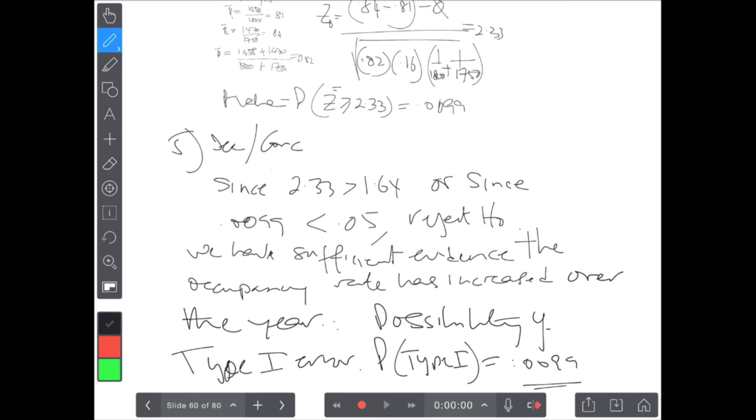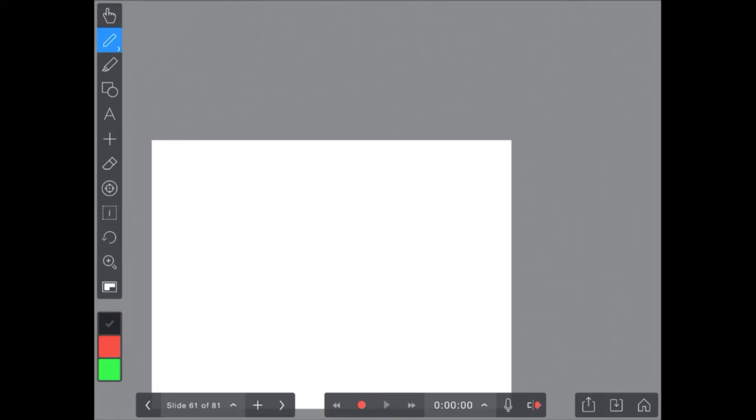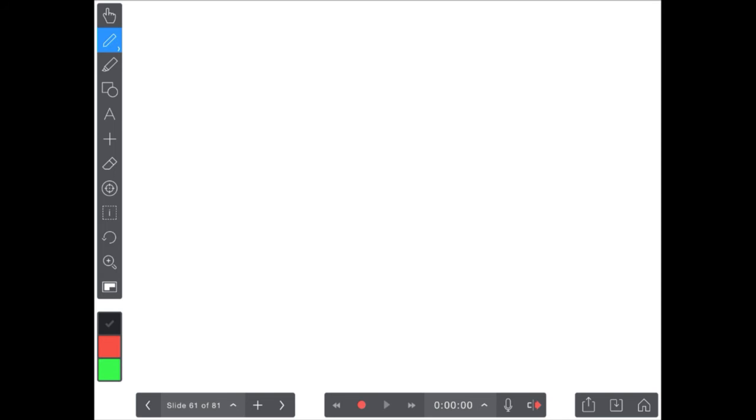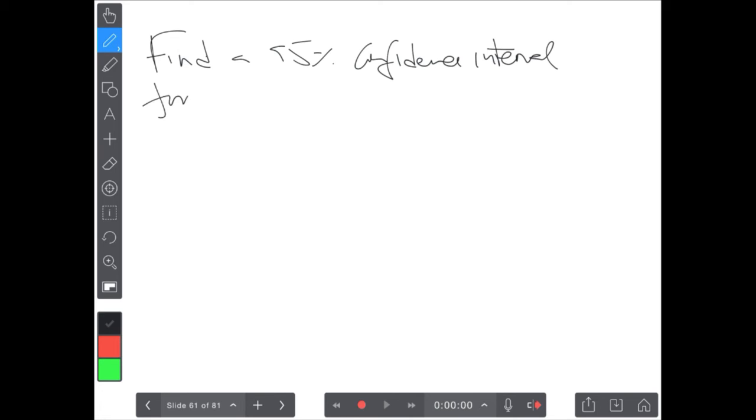I'm going to extend this a little bit and say, find me a 95% confidence interval for the difference between the population proportions. So I'm going to add to this. We do both confidence interval and hypothesis testing. Find a 95% confidence interval for P2 minus P1.